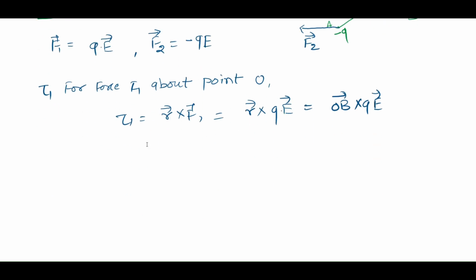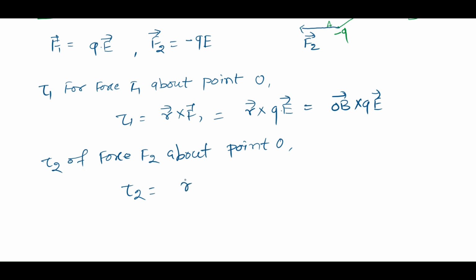Okay, in the same way tau 2 of force F2 about point O. So tau 2 will be given by r cross F2.